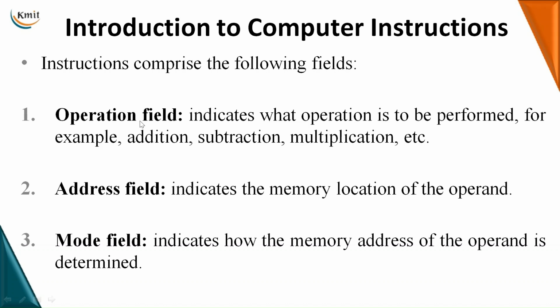The opcode field specifies what operation has to be performed, whether it is an addition, a subtraction, or a multiplication, whatever type of operation the instruction has to execute. The address field indicates the memory location or the address of the operands. And the mode bit indicates whether the memory address of the operand is a direct address or an indirect address, right? So this is what an instruction is.